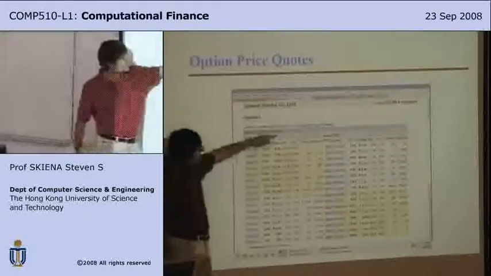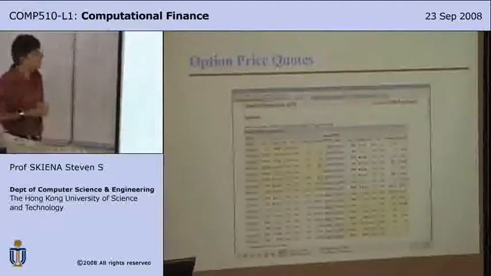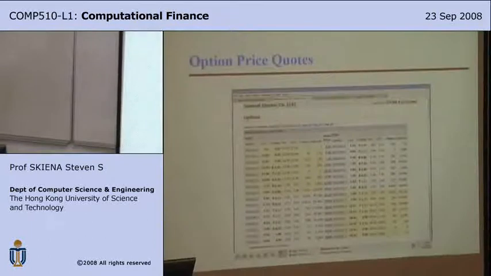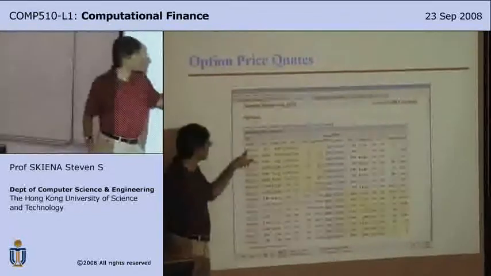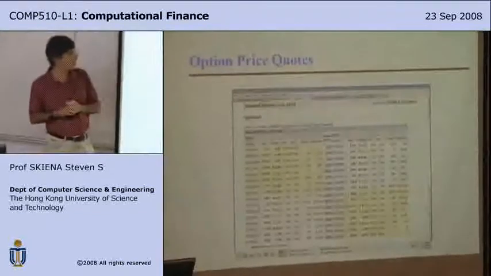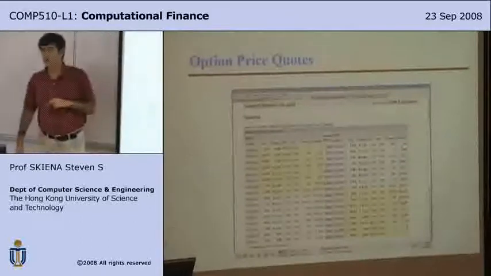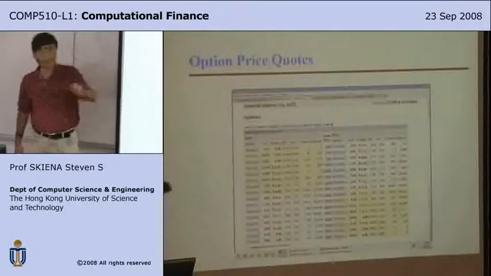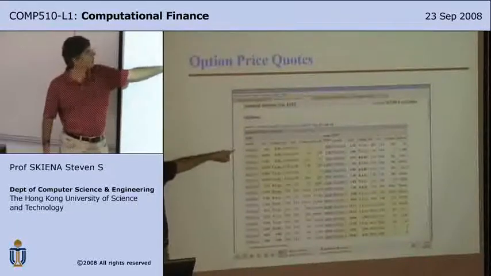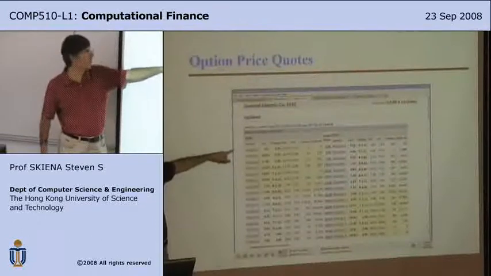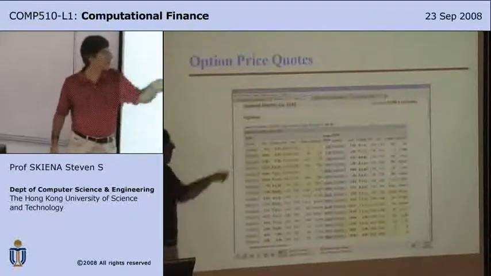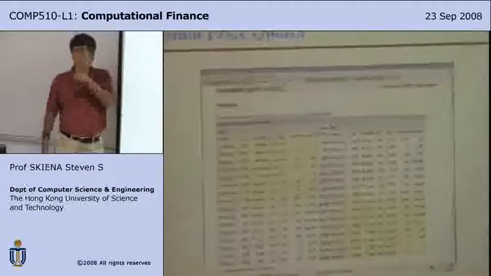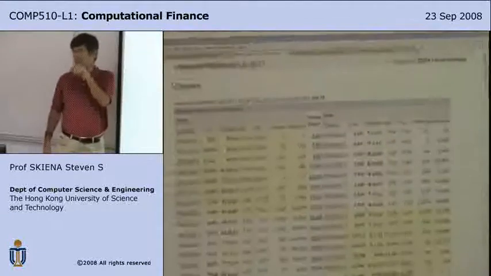There is also what they call the volume. The volume is how many of these contracts got traded that day. So the fact that this one option had zero volume, in fact zero open interest, means that nobody actually wants this thing. Nobody is particularly interested in buying a call option at some very large price to buy General Electric at $2.50 in 2010.